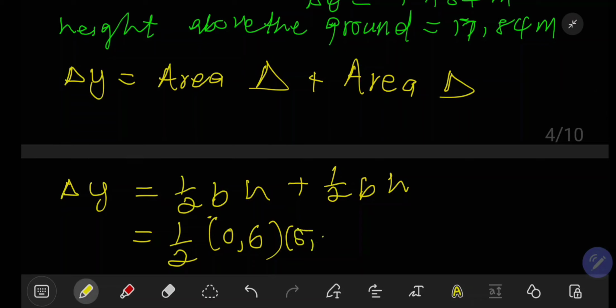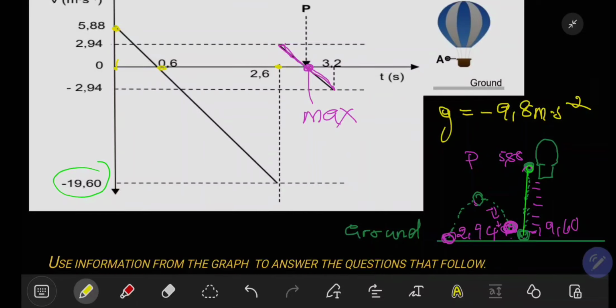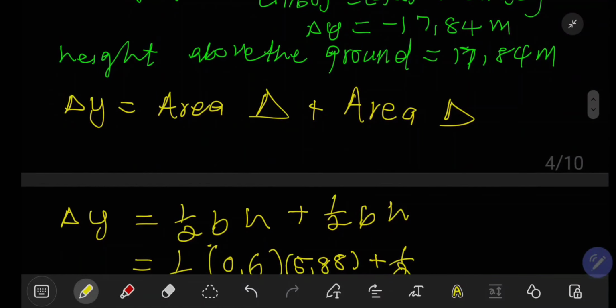Then we multiply this by 5.88 plus 1/2, and then the base of this second triangle is 2.6 minus 0.6, which will give you 2.